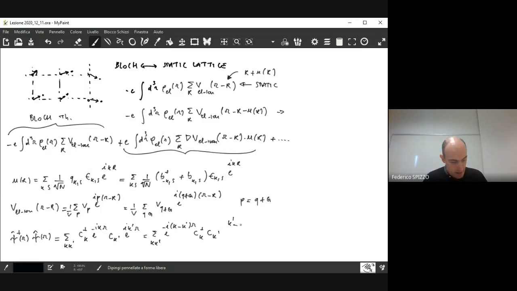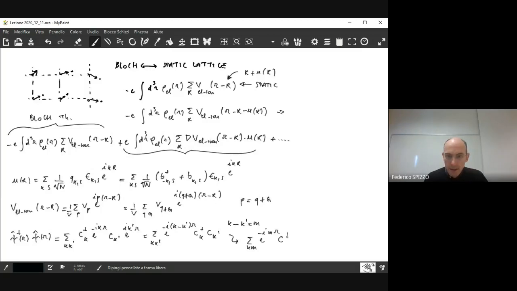If we call k minus k prime m, then this transforms into a sum over k and m of e to the minus i m r.